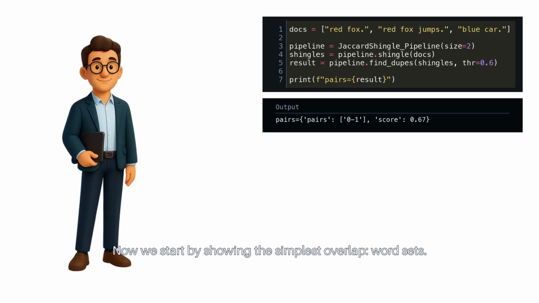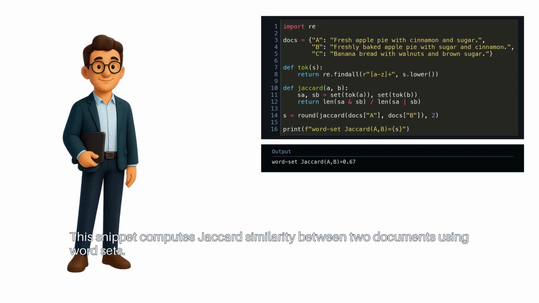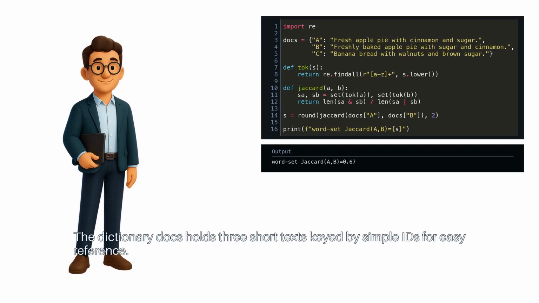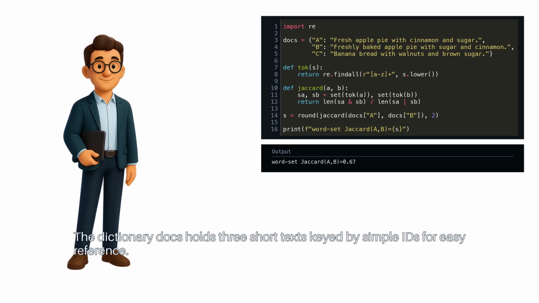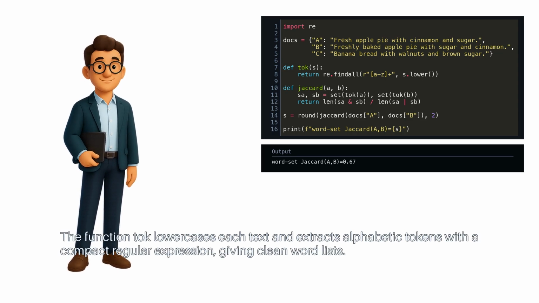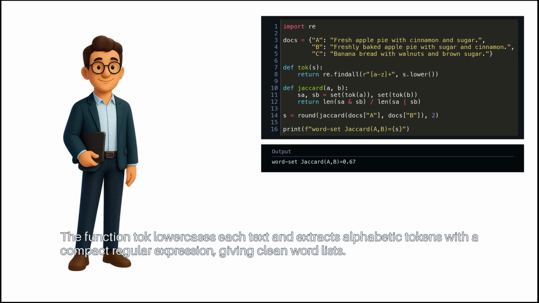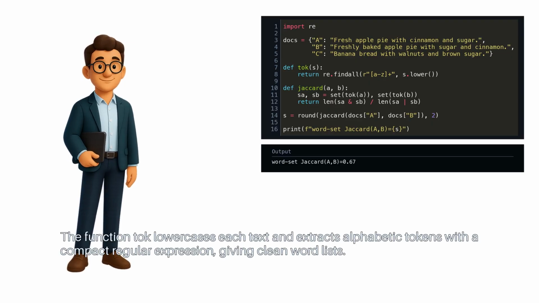Now we start by showing the simplest overlap: word sets. This snippet computes Jaccard similarity between 2 documents using word sets. The dictionary docs holds 3 short texts keyed by simple IDs for easy reference. The function tokens lowercases each text and extracts alphabetic tokens with a compact regular expression, giving clean word lists.